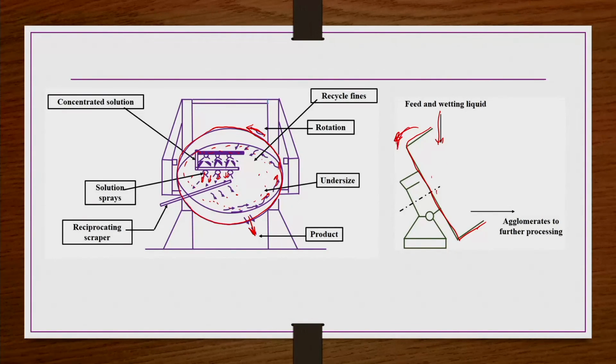When it rotates, the feed, that is the small size particles, will be mixed with the binders, and then enlargement will take place, and the agglomerated or enlarged particles will be collected from here for further processing if required, or if it is the last stage, then they will be collected as product. In general, they are taken for further processing because they have to be dried as well. So, this is about the disc granulator.